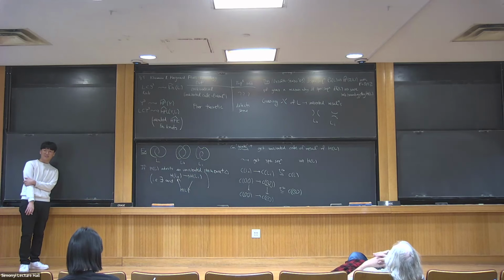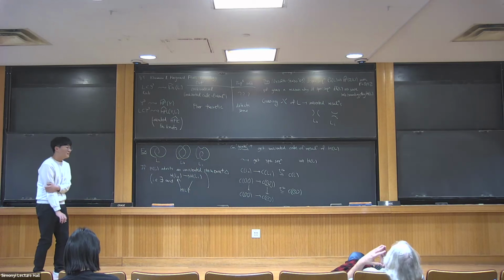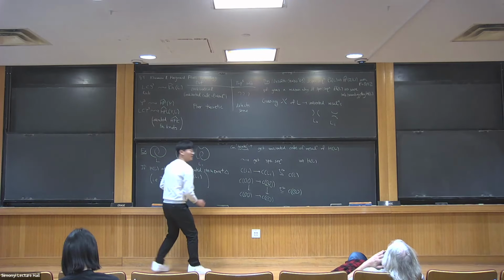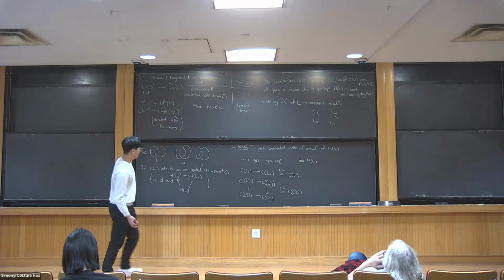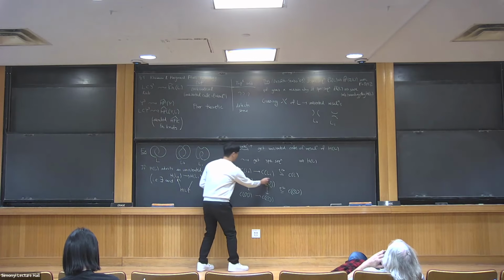More questions? So how do you get a spectral sequence out of this? Oh yeah, that's a great question. This may be a silly question because I don't know anything about spectral sequences. Oh, no worries. So for this case, you consider the filtration given by this.